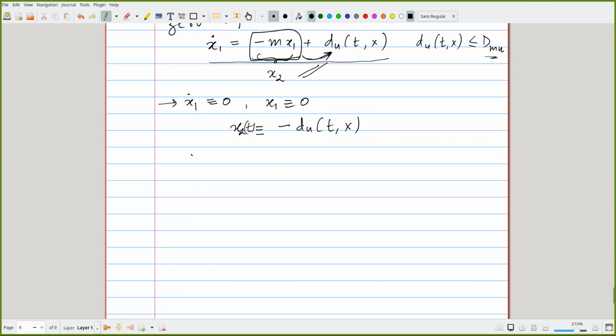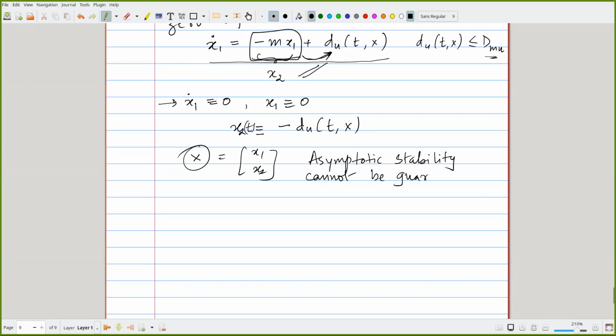So for the entire state, which is your vector x1 and x2, you cannot claim stability. This state will always remain bounded. The state will never become zero asymptotically. So asymptotic stability of this state cannot be guaranteed.